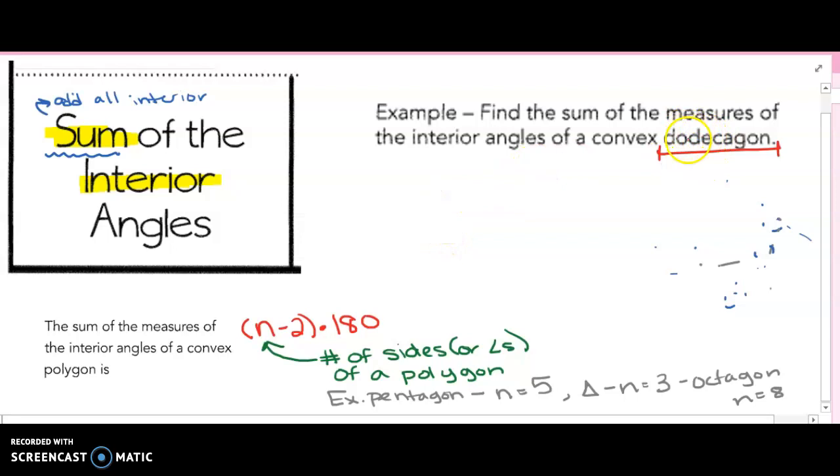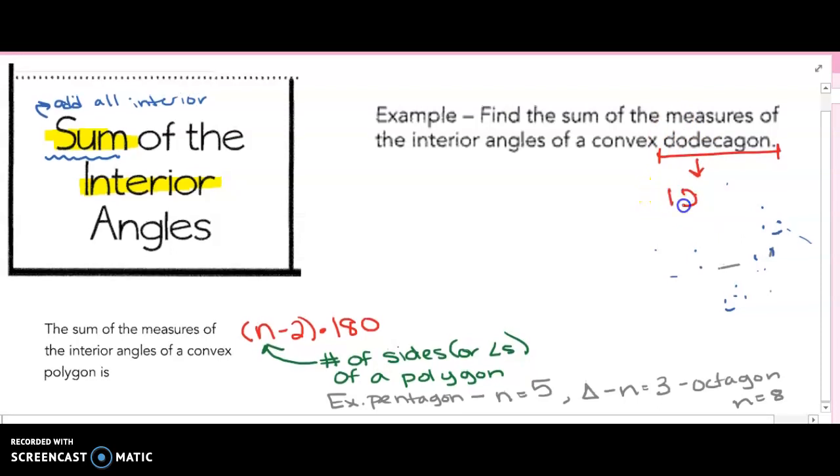All right, so what you should know, and if not, hopefully you know now, is that a dodecagon is a 12-sided polygon. Okay, it has 12 sides. And therefore, in this case, our n is going to be 12. Okay, so it says find the sum of the measures of the interior angles of a convex dodecagon. So I'm going to do the n minus 2 times 180.